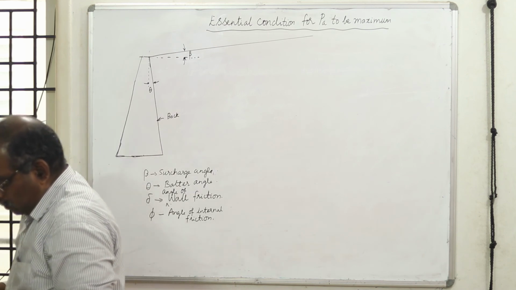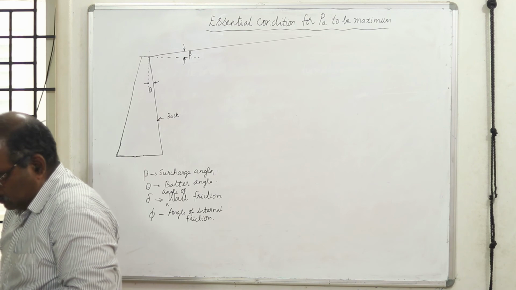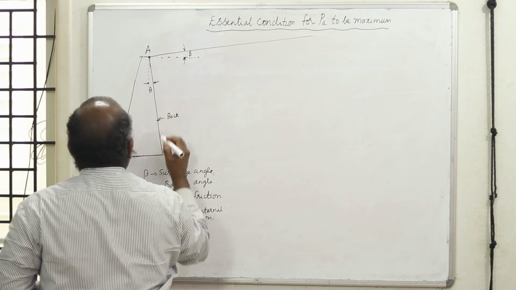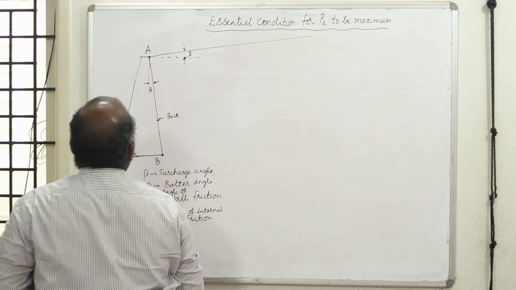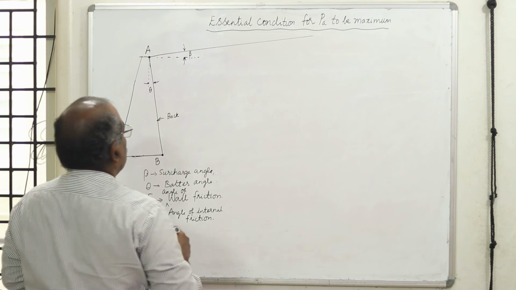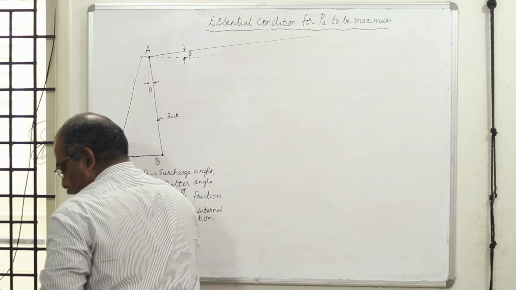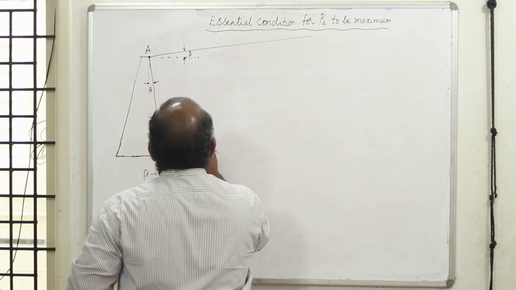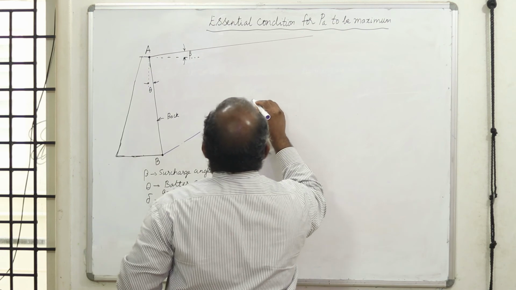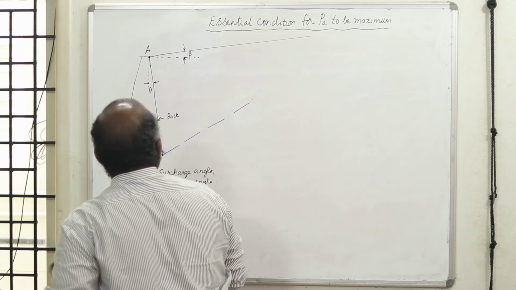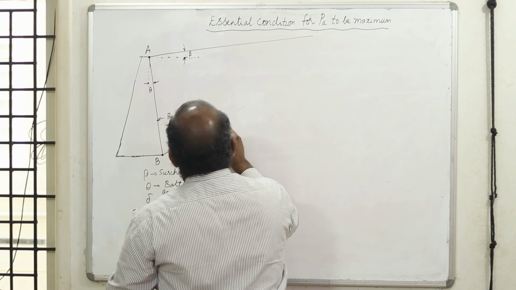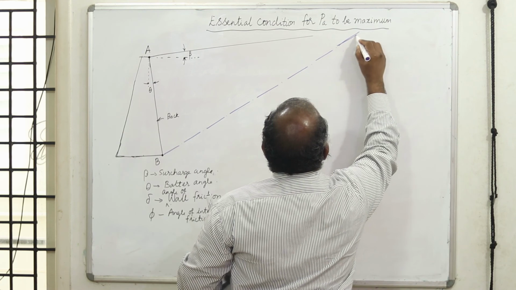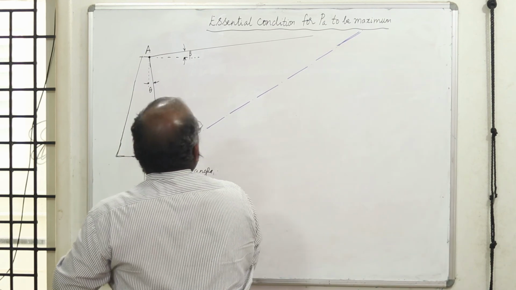Now let us try to draw a line. Let us call this A, top of the retaining wall, and at the yield portion, let us call it B. Let us draw a line at an angle.